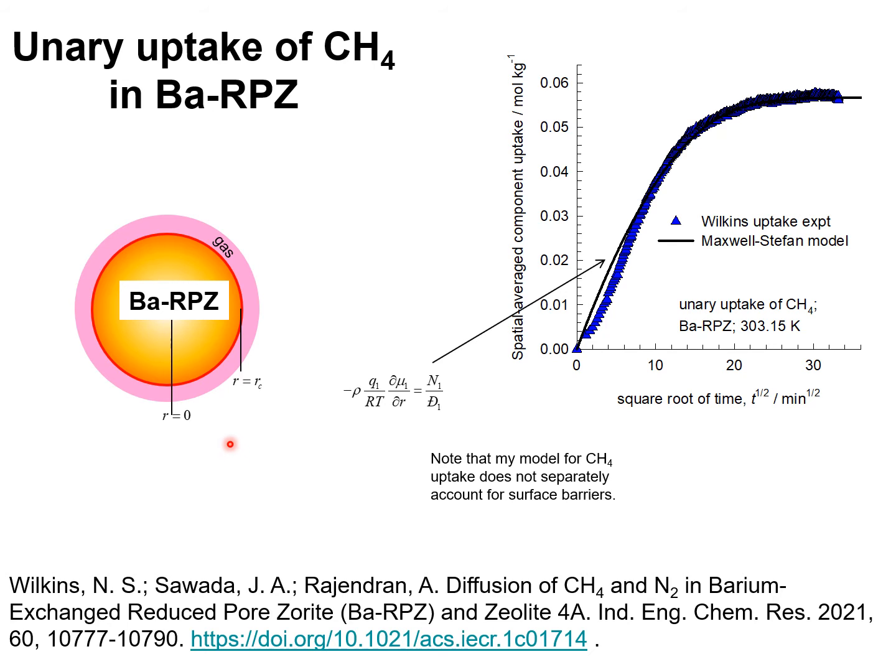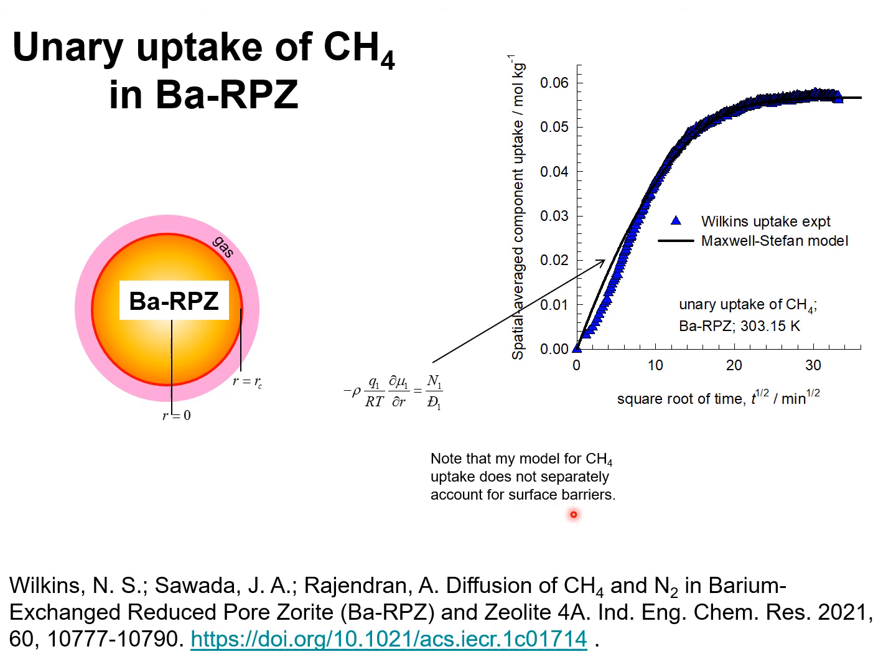Therefore, in principle, the unary uptake experiments as reported in the paper by Wilkins can be used to back out the Maxwell-Stefan diffusivity data. I show here an example of the uptake for methane, and the continuous solid lines drawn are the solution to the Maxwell-Stefan unary diffusion model, duly taking account of the thermodynamic correction factors.